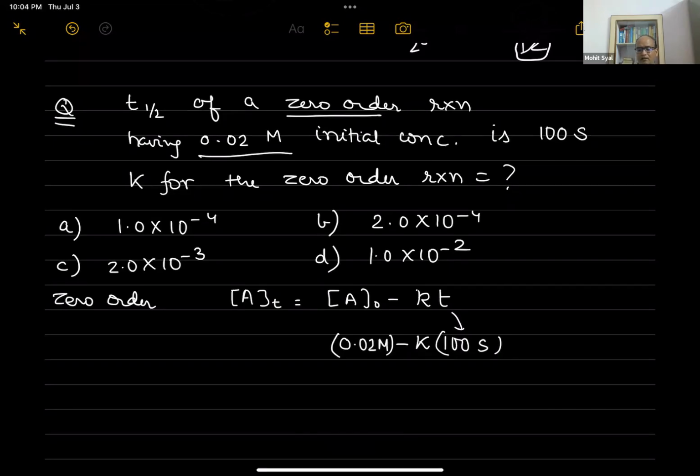This is the initial concentration, and the final concentration will be this one. Is it clear or not? Now we can get the value of K very easily.